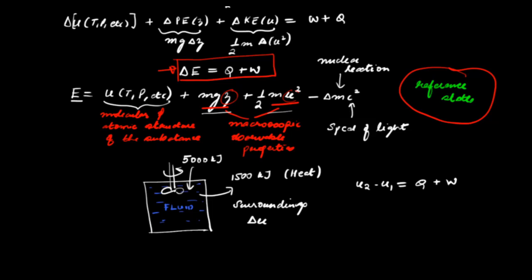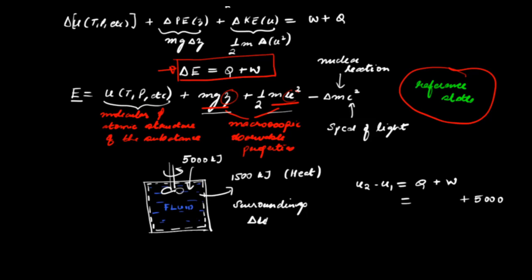And now it is important to keep in mind the sign convention. So the work done on the system is taken to be positive. So here we are doing 5,000 kilojoules of work, whereas heat is transferred from the system to the surroundings, and our system is denoted by this dashed line.